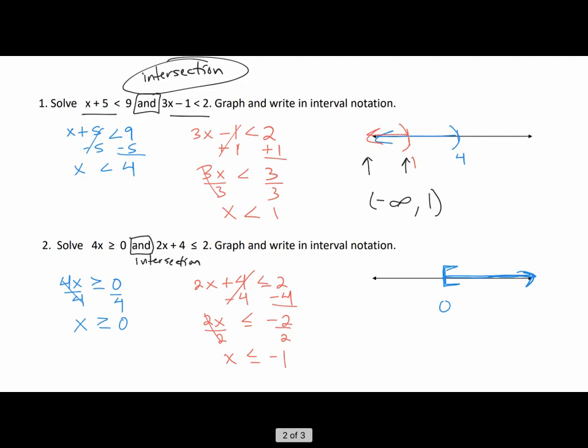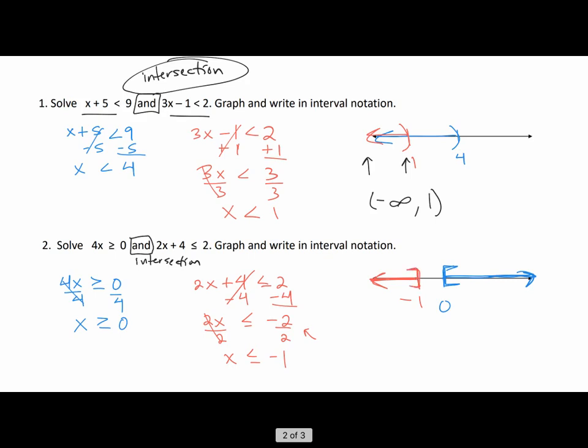There is a negative number over here, and that's okay. We didn't do that. It just happened. So x is less than or equal to negative 1, which will be to the left of 0. And so everything less than or including.